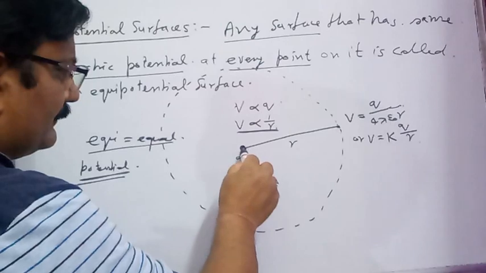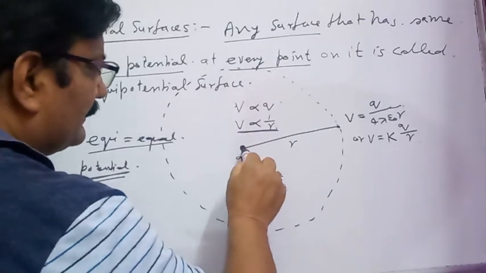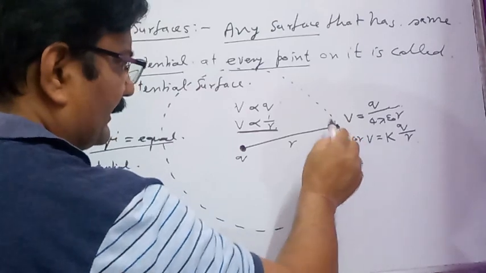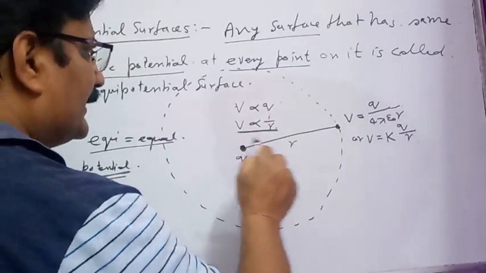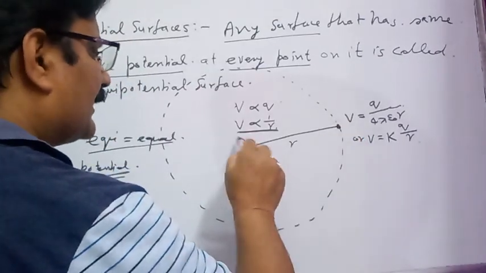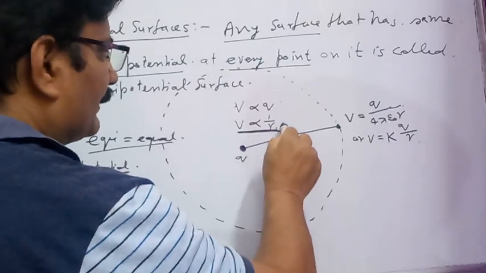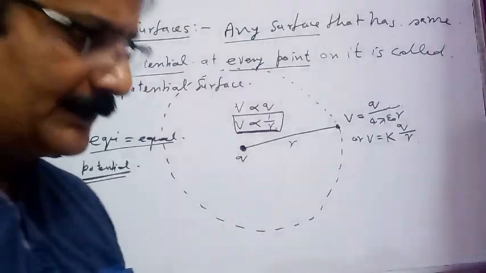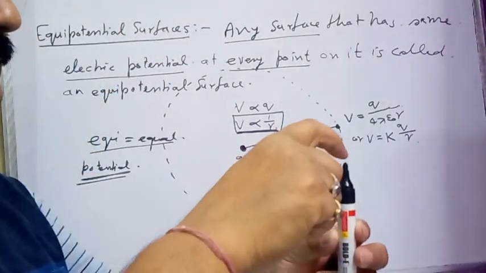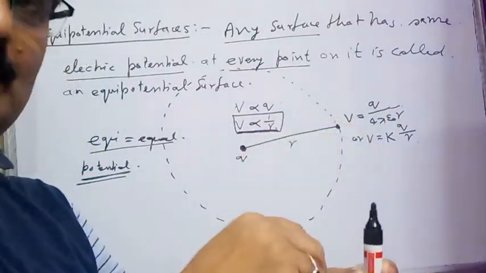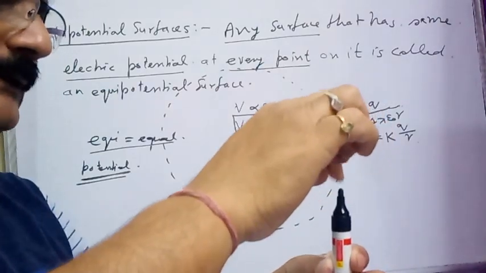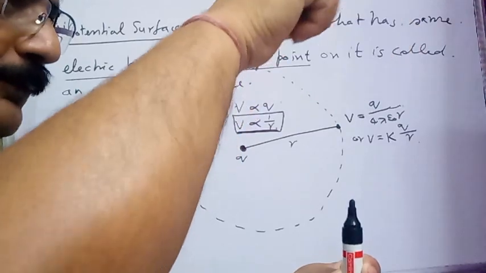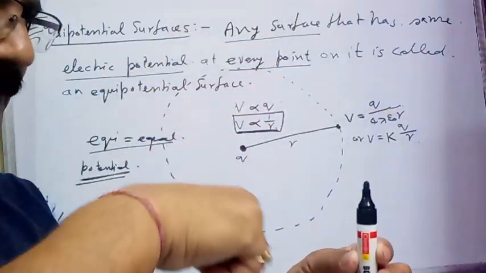So imagine how many points in its nearby space can be equidistant. Equidistant means the points whose distance from the given charge will be equal. So if we see a three-dimensional figure, if tip of this pen is a charge, all the points which are at the same distance from this tip of the pen, they are going to form a sphere.